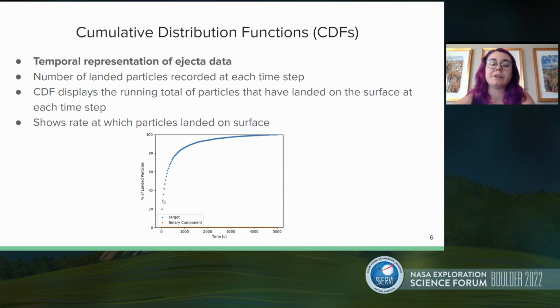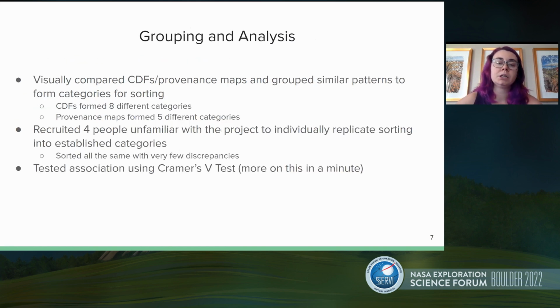You can see there is a faster rate initially, where a lot of the slower particles are landing, and then further out as the system evolves, there are fewer and fewer particles landing on the surface.